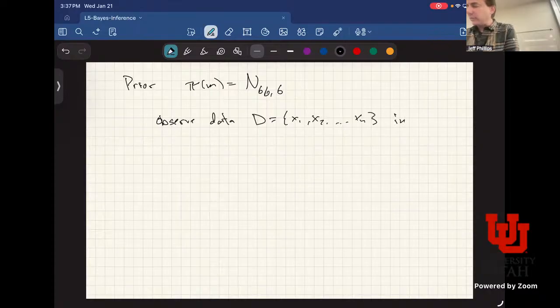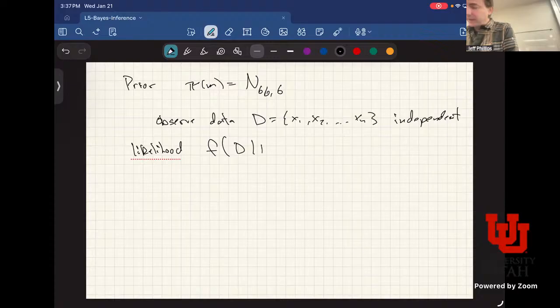These are assumed to be independent. And I want to build my likelihood, the function of the probability of the data given my model, this continuous PDF.